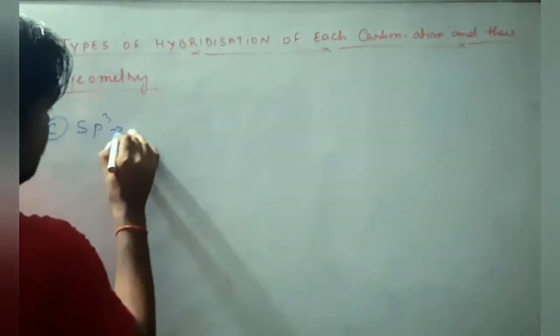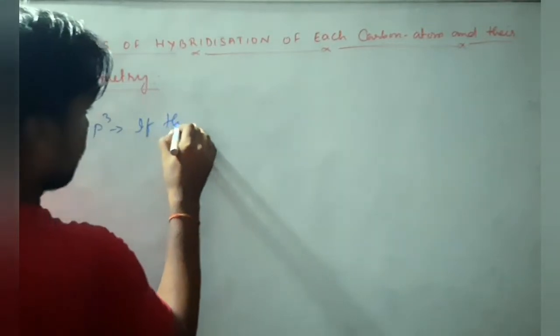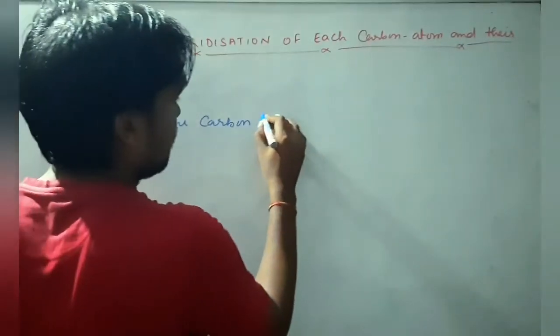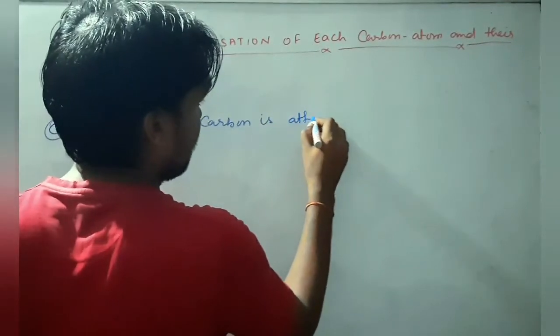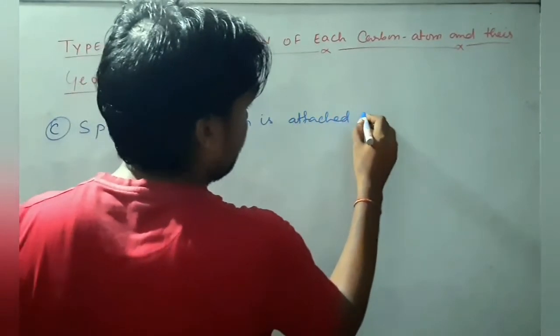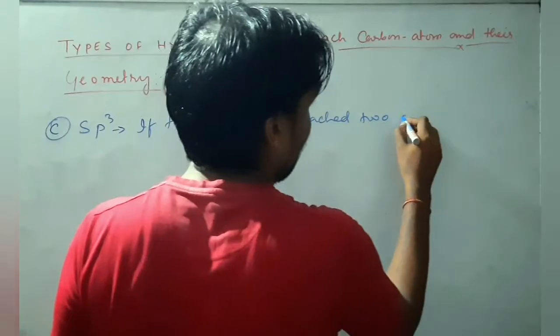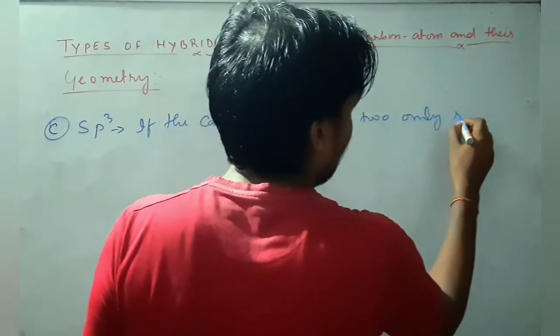Okay, so next, the third type is sp3 hybridization.